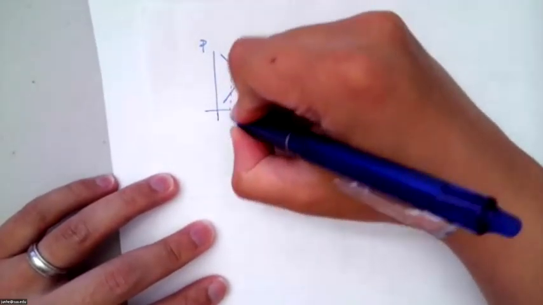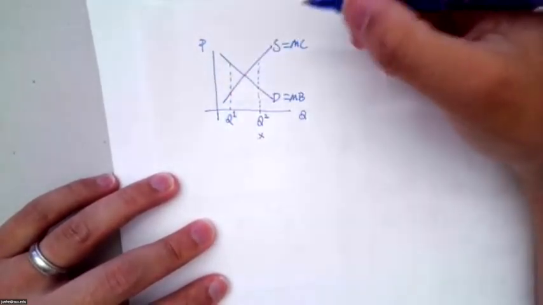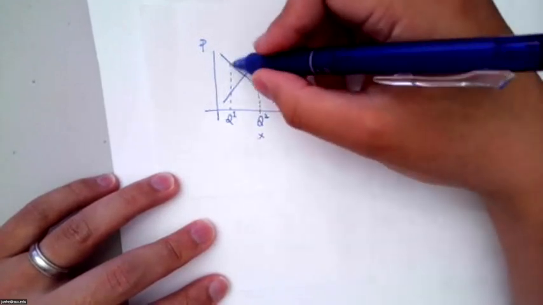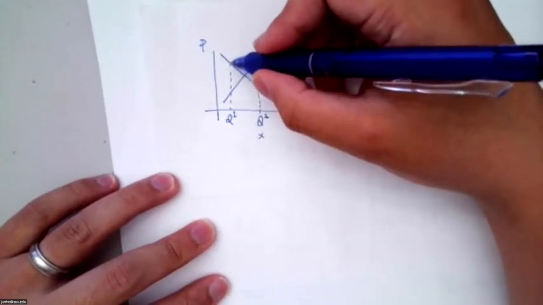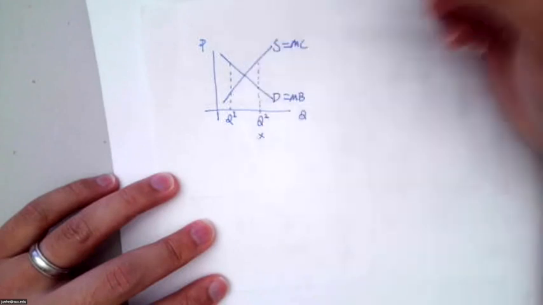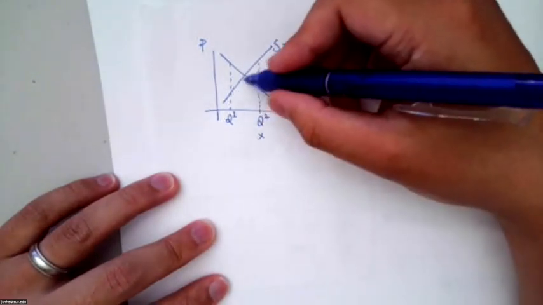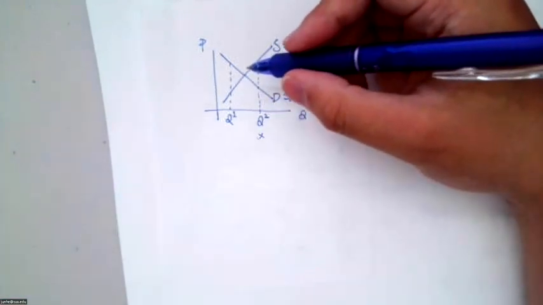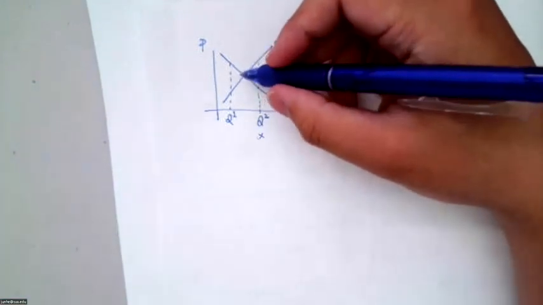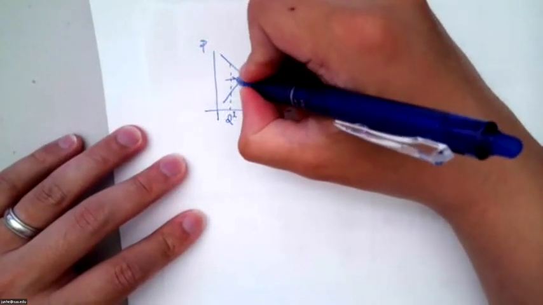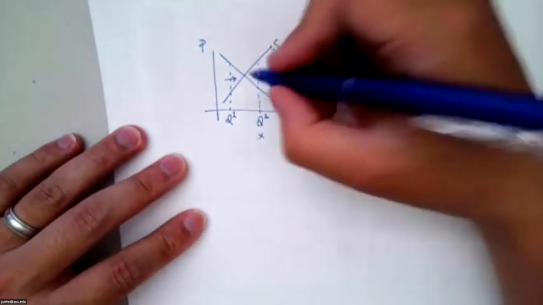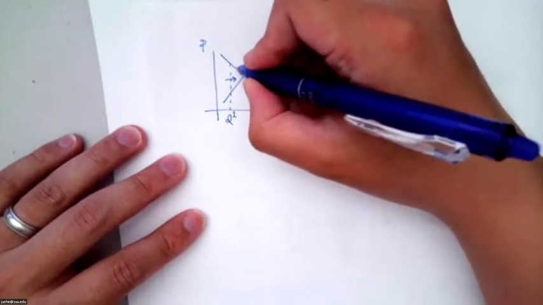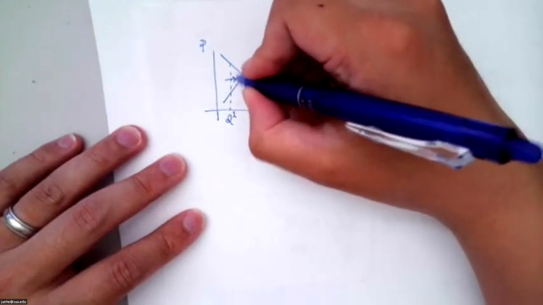And look at Q1. Yes, producing Q1 is beneficial because the benefit of Q1 exceeds the cost. But this is not the place where the total social welfare is maximized, because we can enlarge our production a little bit and still be better off, still see the marginal benefit exceed the marginal cost.